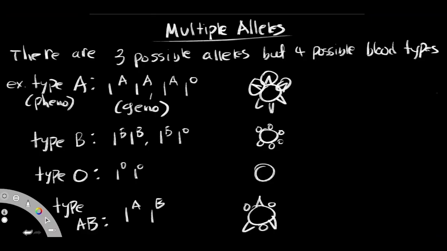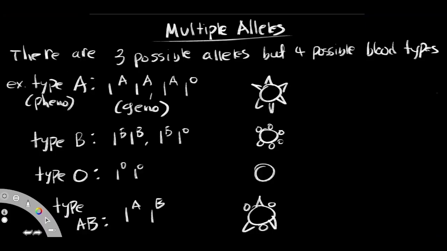So those proteins that I just talked about on the outside, these are also known as antigens. Technically, antigens don't actually have to be proteins. Mostly they are, so we consider them proteins, but they can also be saccharides too. But anyways, we'll just say protein. And what antigen is present on this blood cell?